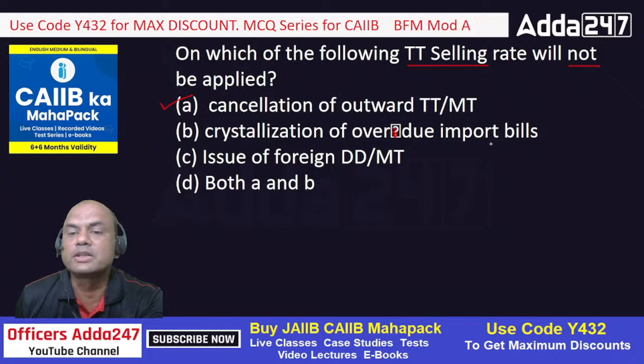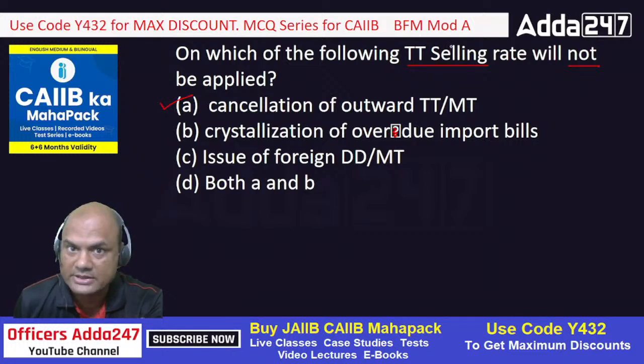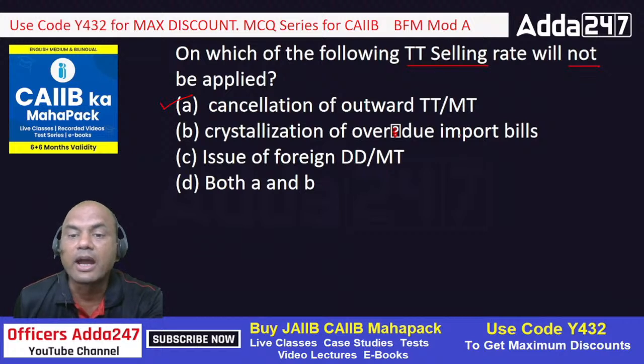But here I'm crystallizing this import bill, which means I'm separating that. So here the TT selling rate will not be applied. Understand one simple logic: handling an import bill means I give the finance on the import bill or I pay that customer in foreign currency, then I apply the TT selling rate. But crystallization is similar to cancellation. So that's why here also I will not apply the TT selling rate. So B is the answer.